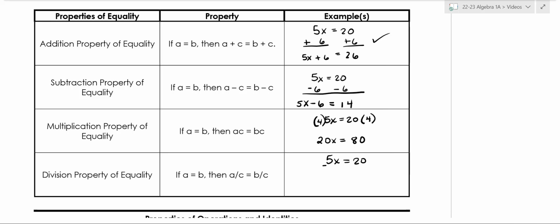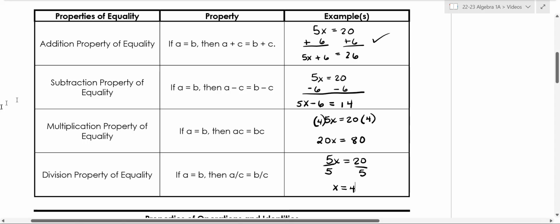Let's say that I divide this one by 4. No, 4 is not going to give me 5. Let's just go ahead and divide both sides by 5. 5 over 5 is going to give us 1, so this becomes x equals 4. These properties allow us to modify the equation so that we're able to isolate the variable.